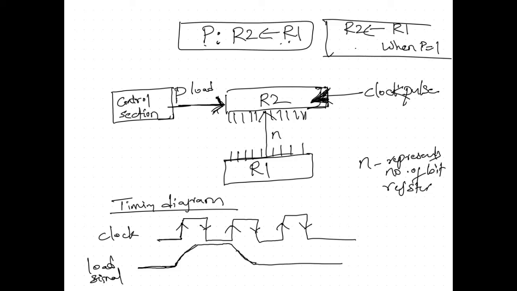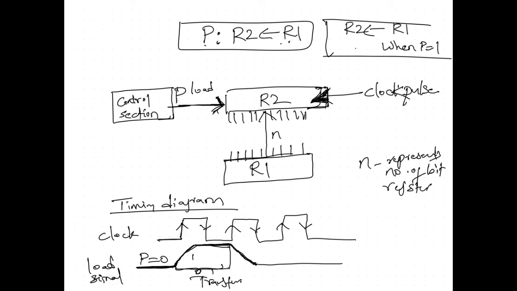And at the next rising edge, it will become low. At the first rising edge it will start becoming high, and at the next rising edge it will become low. During this particular duration of time, the transfer operation will be performed. Now at this particular point, P is equal to 0.